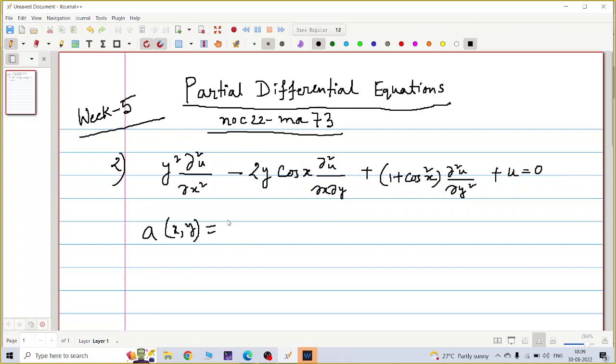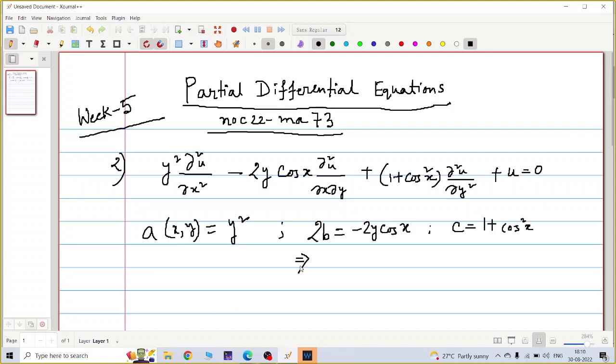A is y square, and 2B is the coefficient of uxy, so 2B is 2 times (y plus x). Then what is my B? I have to find b square minus ac.